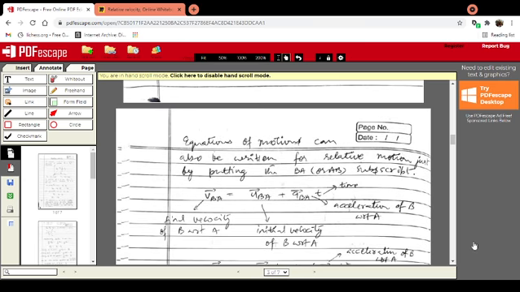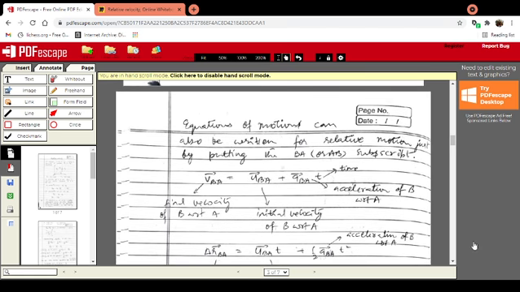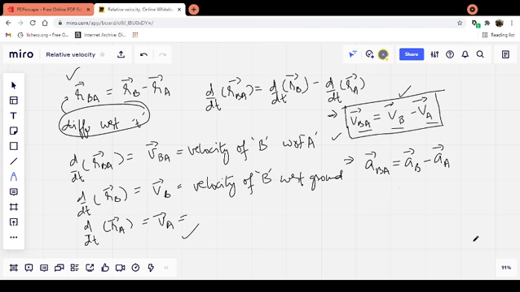Now we can stretch our imagination a bit further. We can apply the expression of relative velocities even to the equations of motion. So let us see how we can do that.